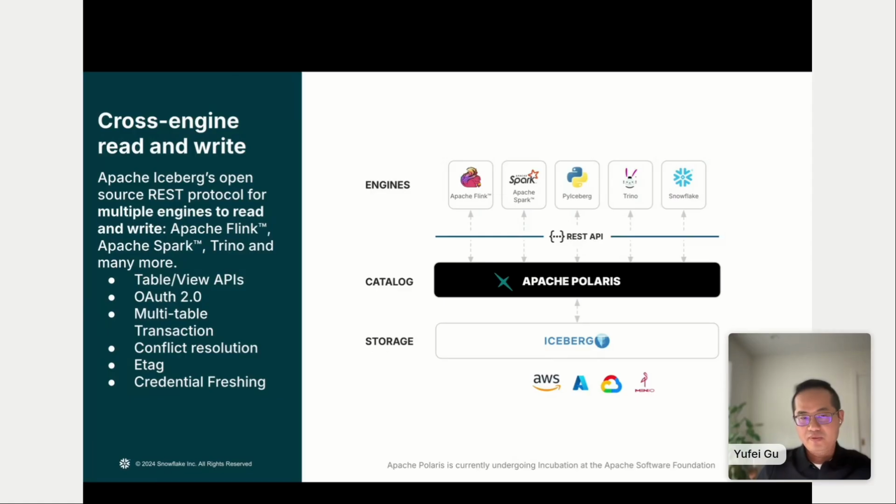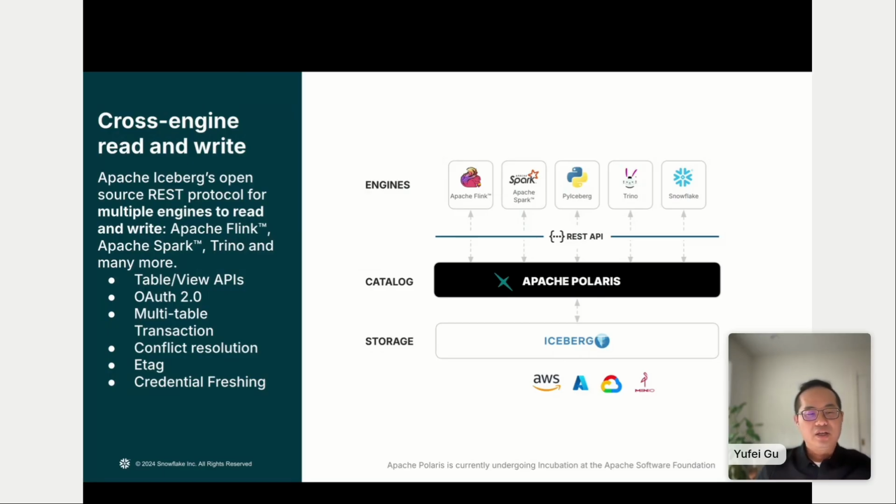Polaris is a reference implementation of the Iceberg REST protocol. That means it can support all these engines, no matter if it's an open source engine like Spark, Flink, Trino, or the proprietary ones.